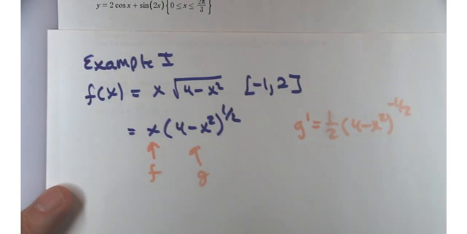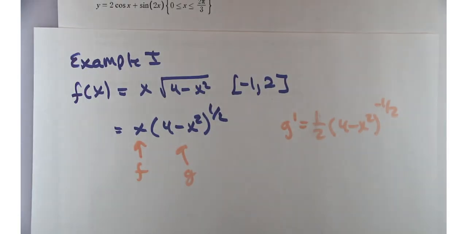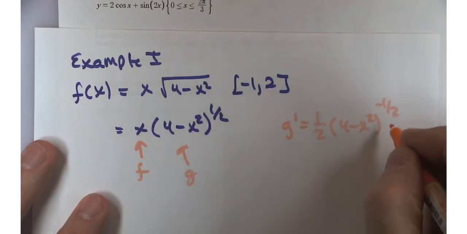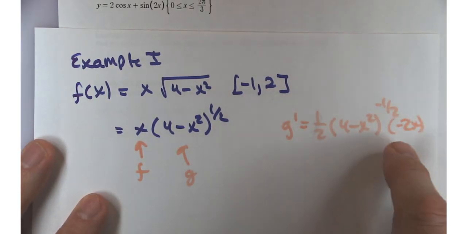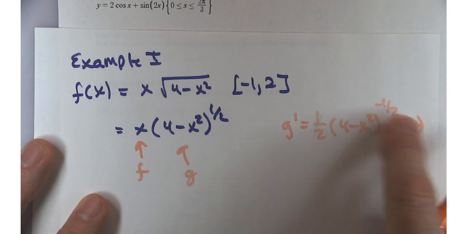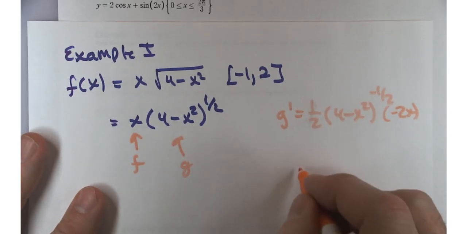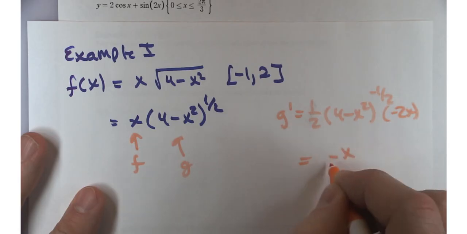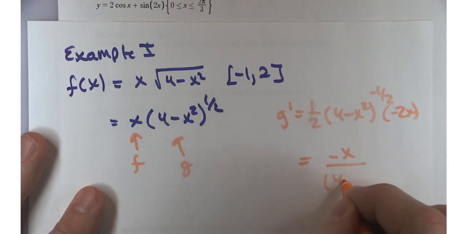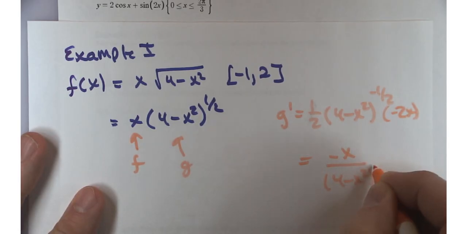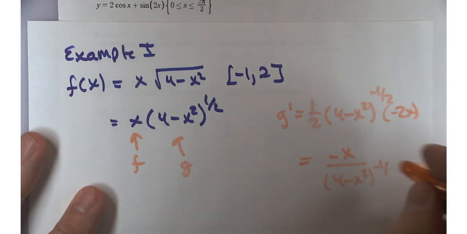That's the derivative of the outside. What's the derivative of the inside? Yeah, negative 2x. Thank you so much. And that 2 and this 2 can cancel each other out. That'll leave me with a minus x. And then this term has a negative exponent, so I'll take that into the denominator. I'll rewrite it as minus x over 4 minus x squared to the, excuse me, actually it would be positive 1/2 now.